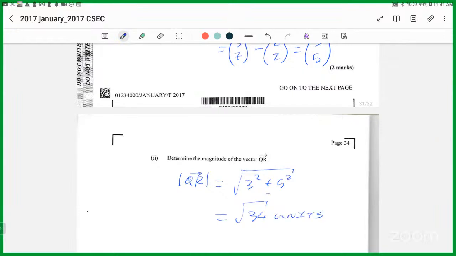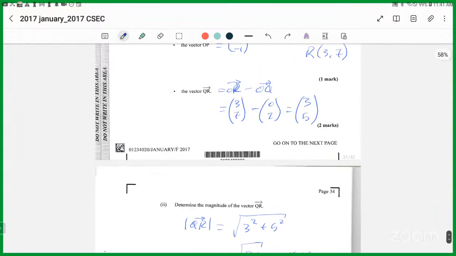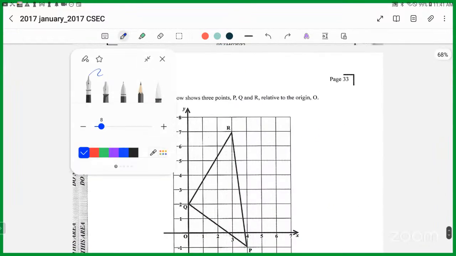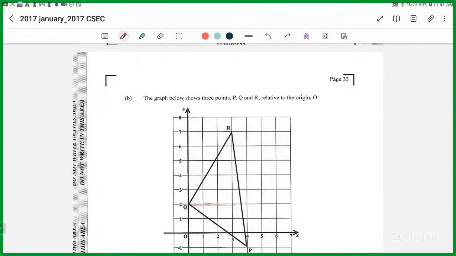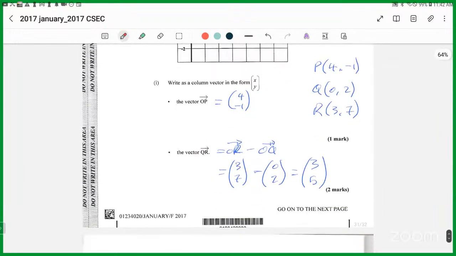Again, if you look at the graph, this is 3 units, and up here is 5 units. I'm trying to find the length of this line QR. Working with the right-angled triangle using Pythagoras' theorem, that becomes the hypotenuse. So this length will be the square root of 3 squared plus 5 squared. Same thing: magnitude is the length of the vector. Modulus, same thing. So making the connection.